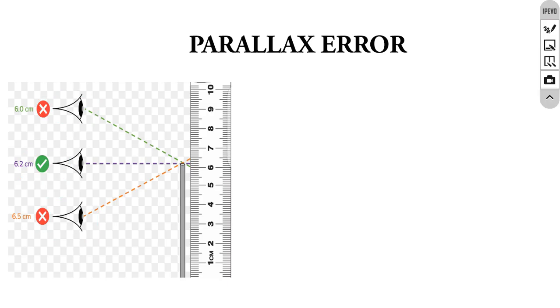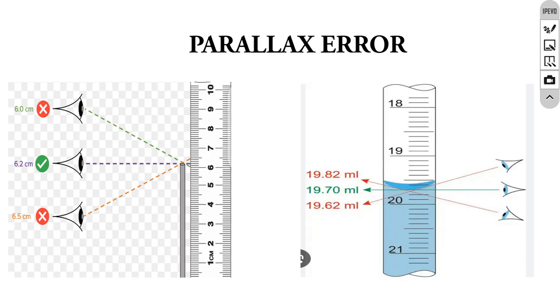I'm still going to show you the parallax error in terms of, okay, let's say you were using the meter here to measure volume, and you're taking the volume from either the pipette or the burette or any other instrument that measures volume. Look at it at eye level. If you're looking at it at eye level, you get the correct position.